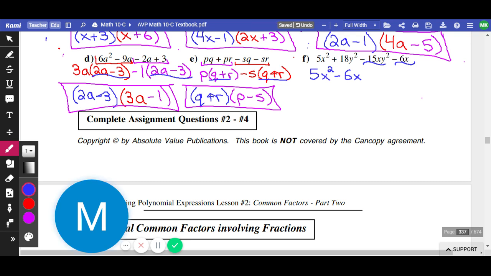Then I do the next highest exponent I see on an x, which is negative 15xy squared. And the last one is the one with no x's, plus 18y squared.